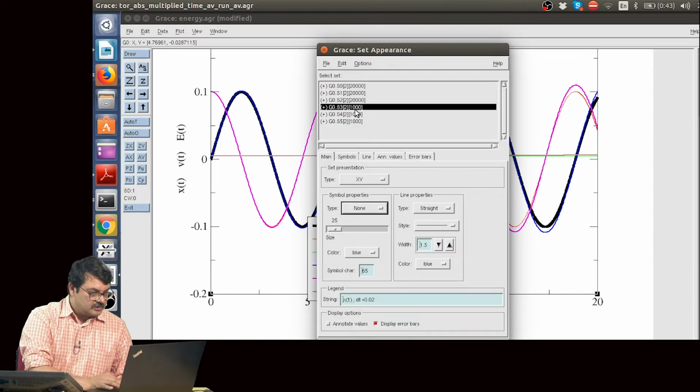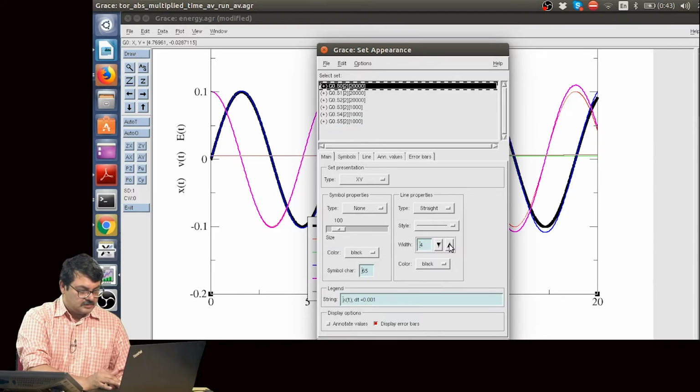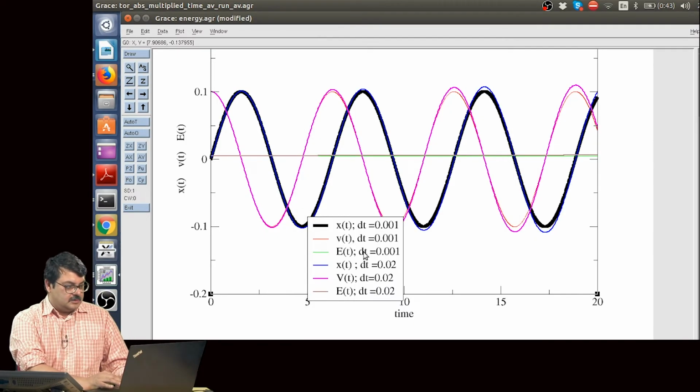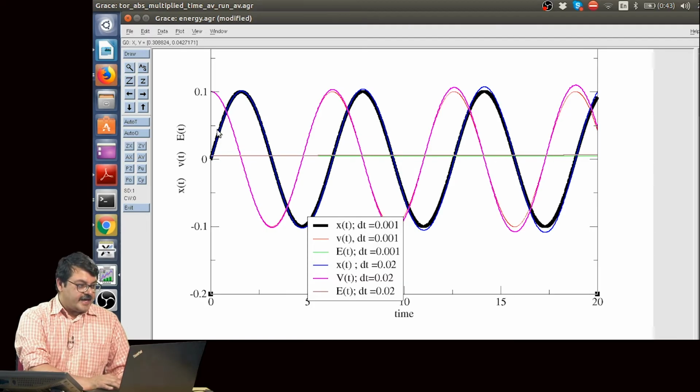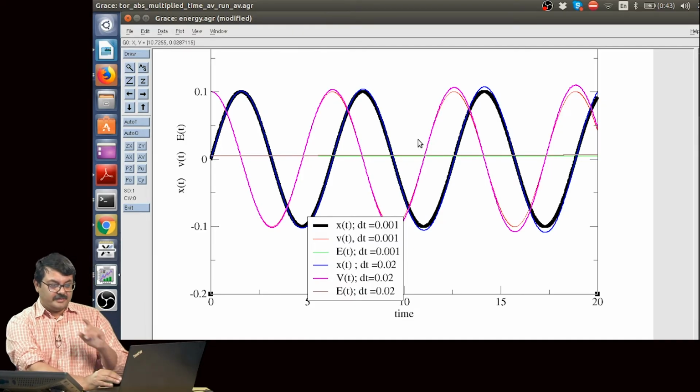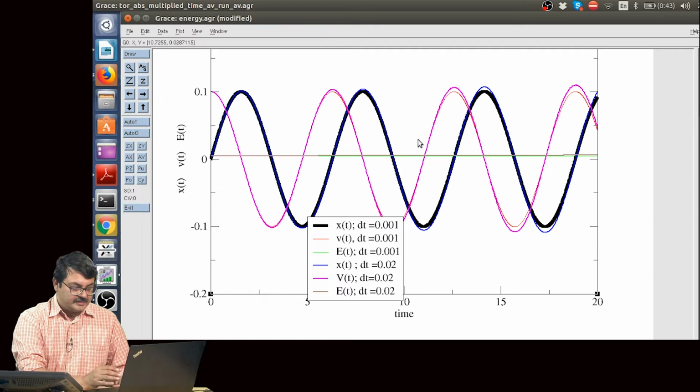And you see that basically the position increases and then decreases and increases in an oscillatory motion, hardly surprising.